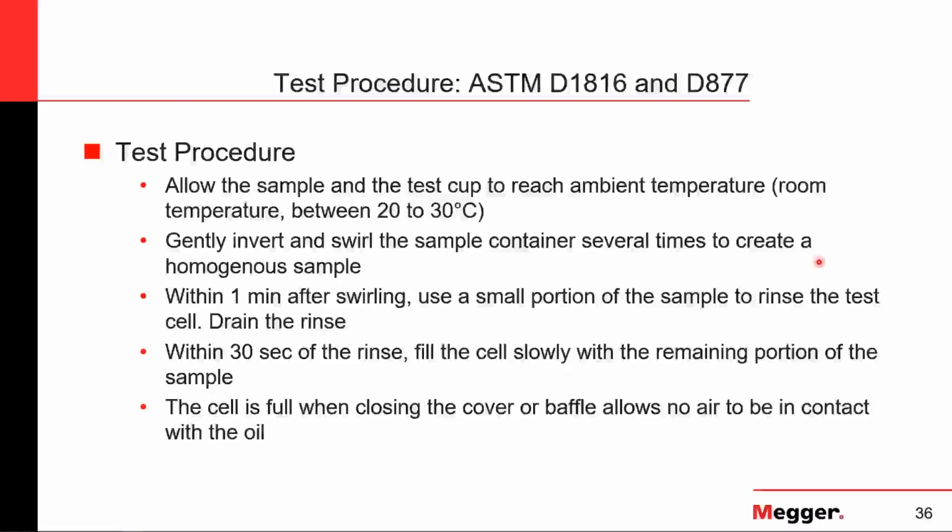And again, do this 2 or 3 times. Then you can proceed within 30 seconds of the last rinsing to slowly fill the vessel with oil. And again, that slow filling is to avoid any air bubbles when you are filling the vessel.